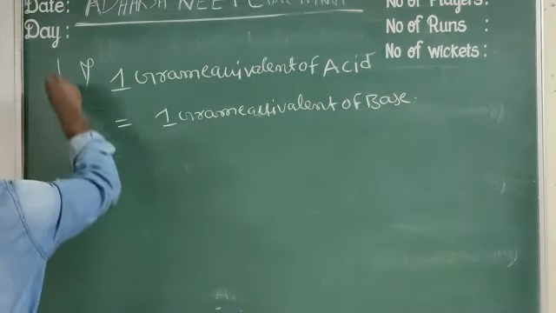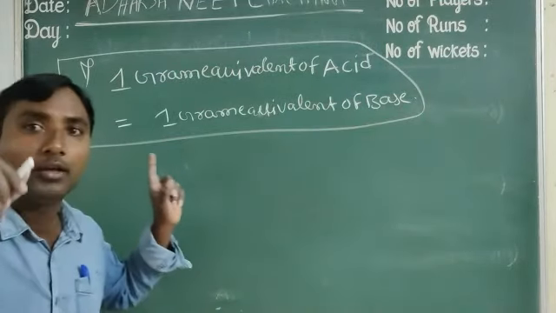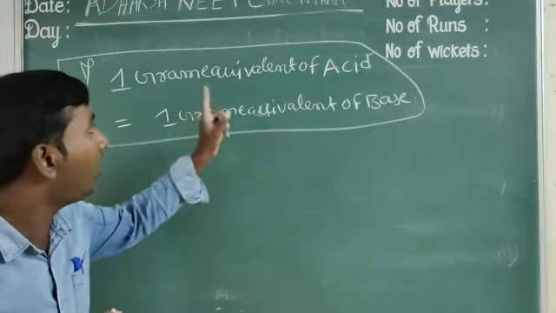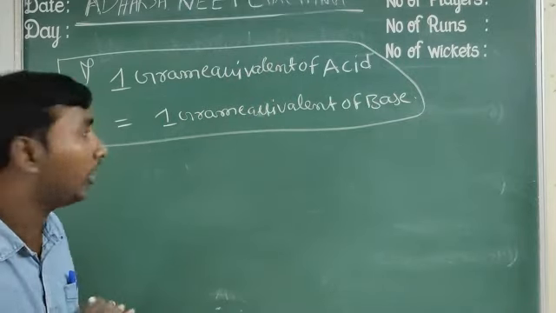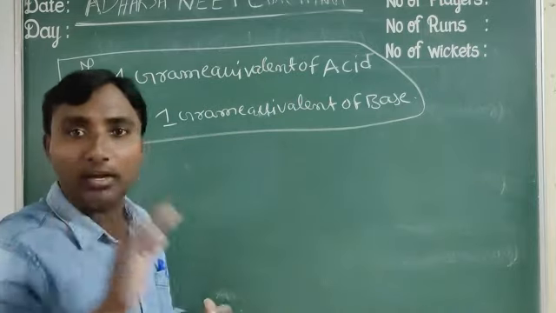Okay. Important formula. So 1 gram equivalent of acid equals 1 gram equivalent of base. This one you should remember.